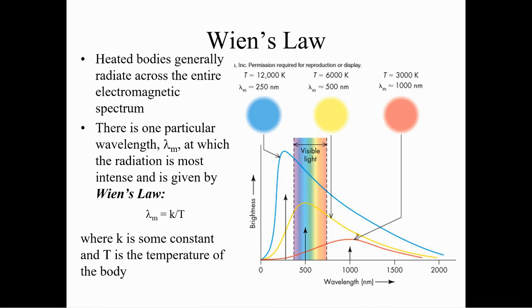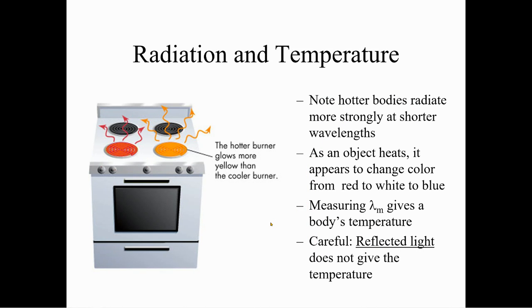That's what this is all about. Okay, so there's one particular wavelength, lambda m, at which the radiation is most intense, and it is given by Wien's law, where K is some constant and T is the temperature of the body. So again, we can find out the temperature of astronomical bodies through Wien's law.